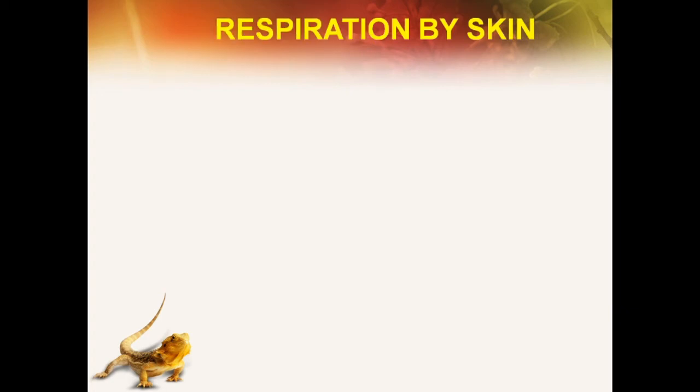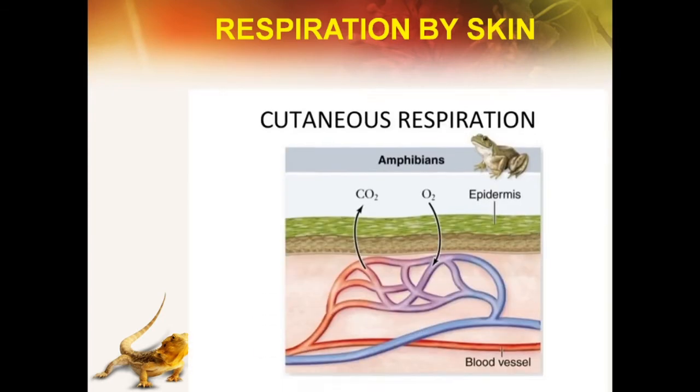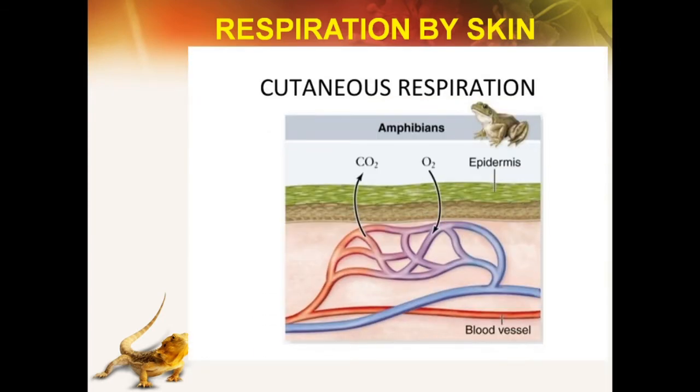First, we will learn about respiration by the skin. In a number of lower vertebrates, the skin is the most important protective covering of the body. It is continuous with thin mucous membrane in the region of mouth, rectum, nostrils, eyelids and openings of urinogenital ducts.